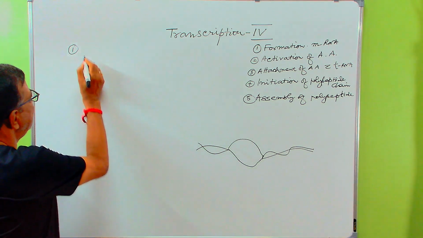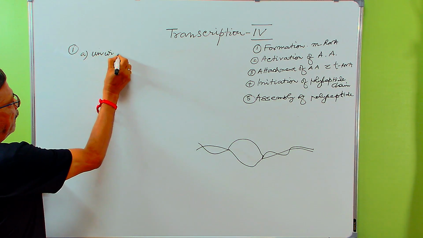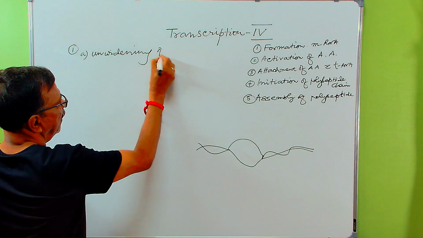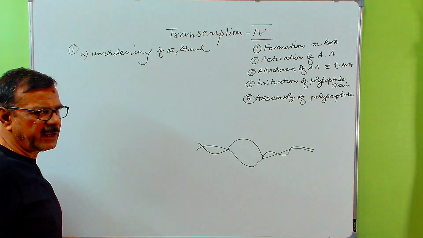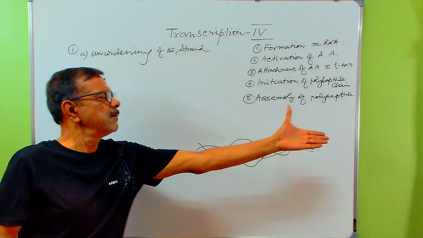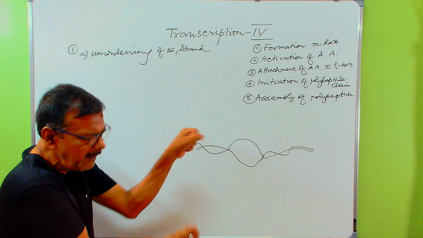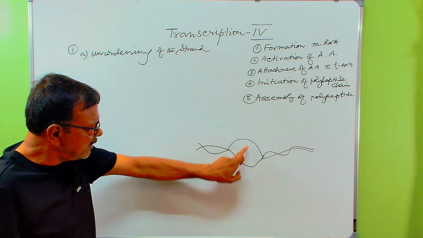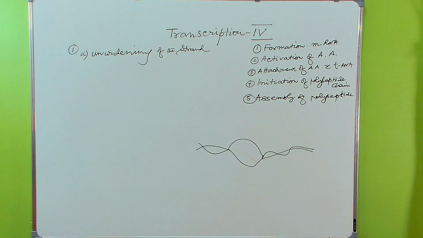So number one, we will write unwinding of the DNA strand, localized, and it is not extended to the entire length. Localized unwinding, and in this localized unwinding there remain the two strands, number one strand and number two strand.